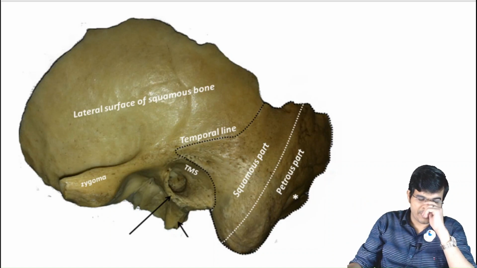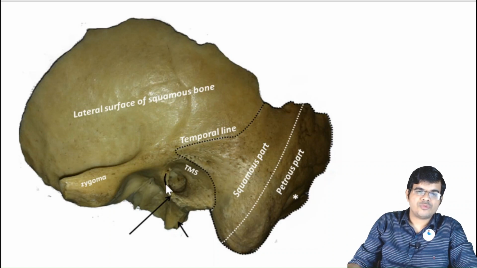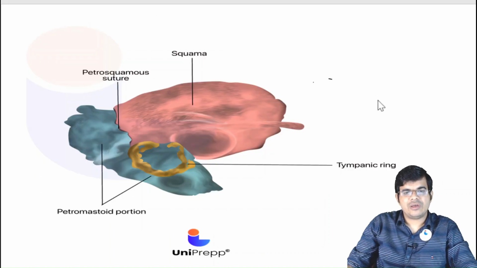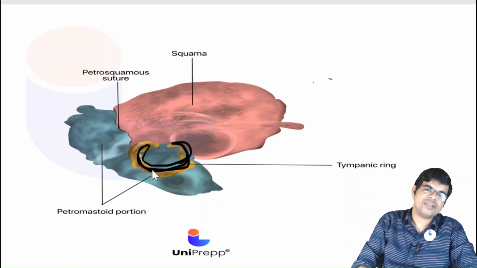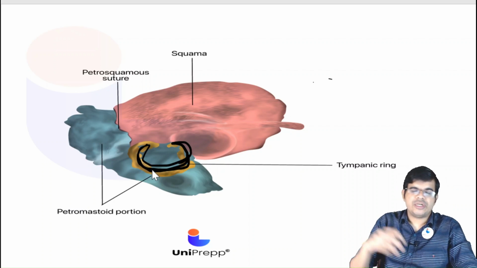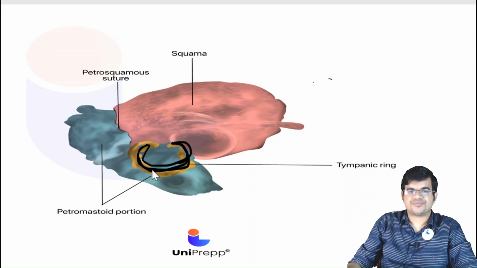This tympanic part forms the floor, anterior wall and posterior wall of the tympanic ring, and it is into this tympanic ring that the tympanic annulus of the tympanic membrane is attached.